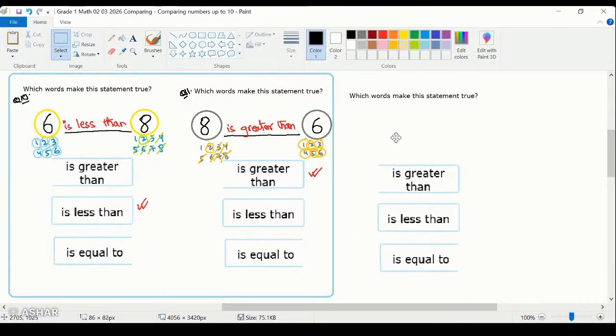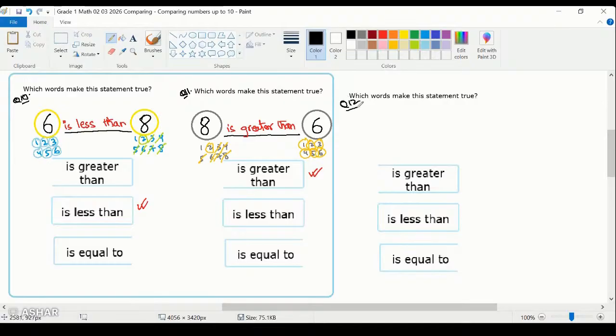Okay, let's see question number 11. Thank you, Deb. Okay, the next question says, question number 12.